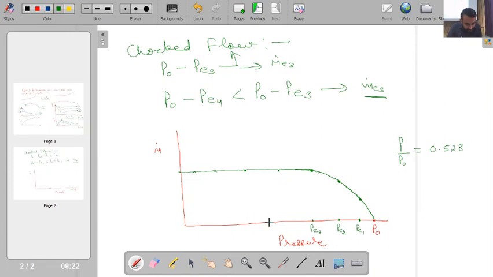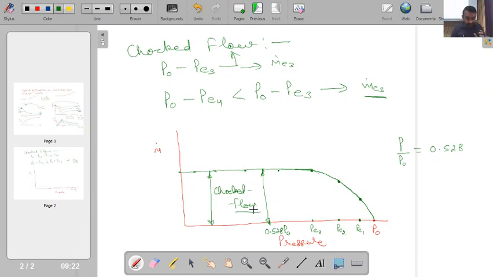So somewhere over here I will have a pressure of 0.528 times P0. But this entire portion is the choked flow situation. So this horizontal portion is the choked flow situation.